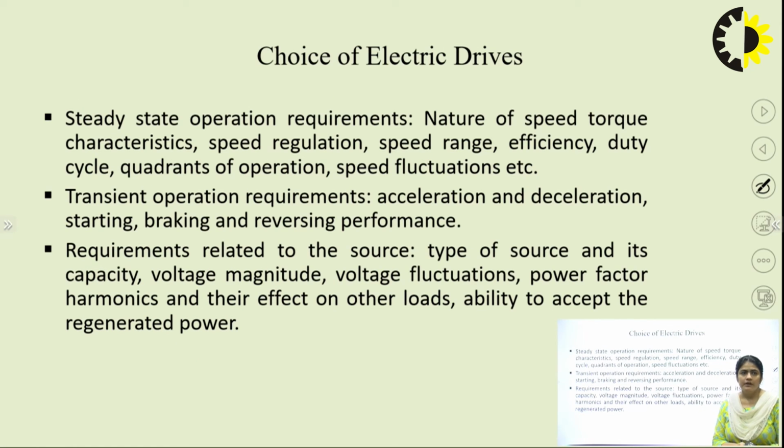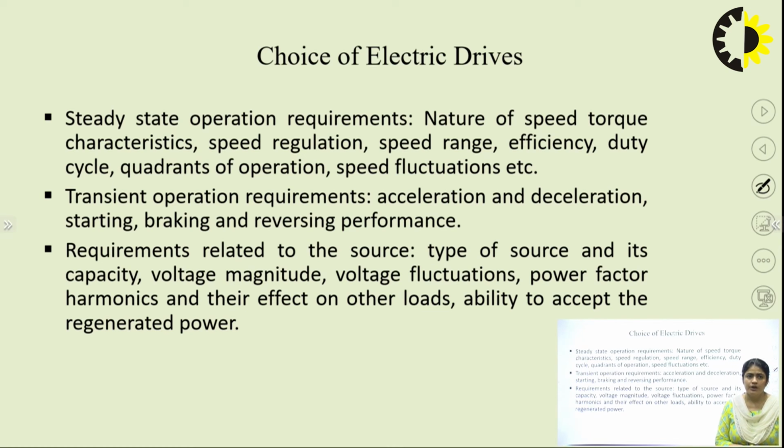Now we'll see how to choose the electric drive system. For steady state operation, you must know the speed torque characteristic of the load, the speed regulation and the speed range, because the electric drive gives the benefit of increasing the range of speed, and it provides four quadrant operation.